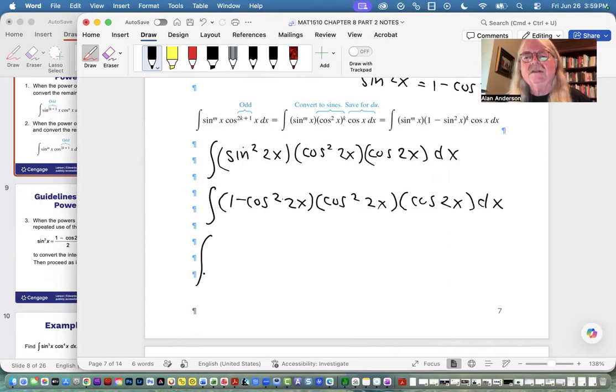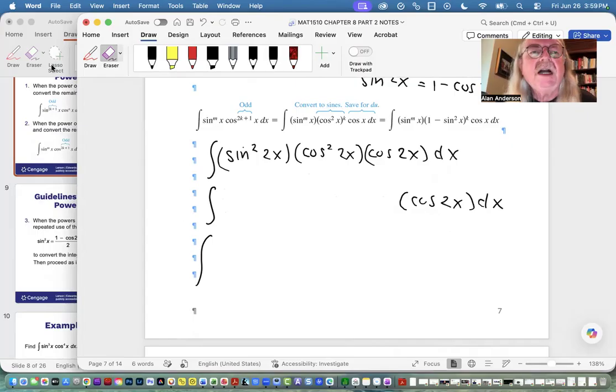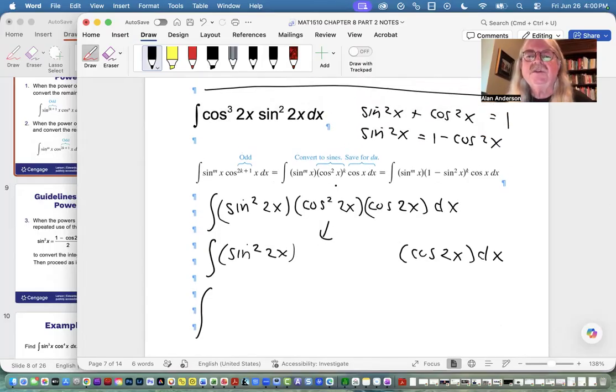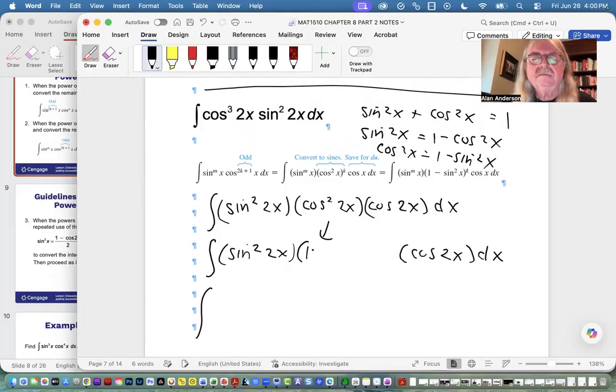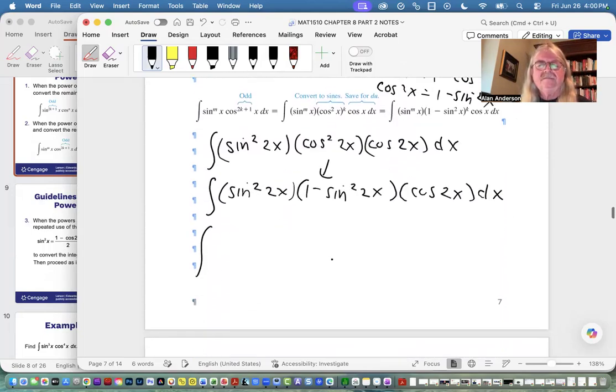Oh, you know what I just realized? I goofed. We were supposed to keep the sine and no, all right, let's try that again. I just noticed that. We're keeping the sine because we had too many cosines. It's this one that's getting replaced with the Pythagorean identity, which means that cosine squared of x equals 1 minus sine squared of x. All right, that's better. Okay, now we're good.